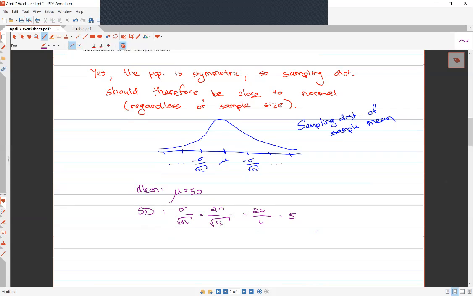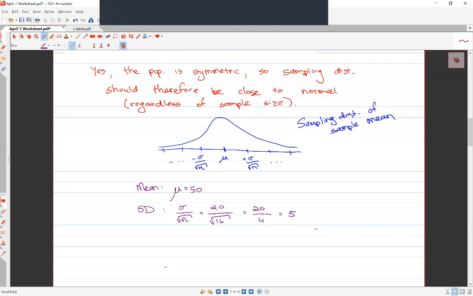So if you are therefore visualizing what the 68, 95, 99.7% rule looks like, you would have a bell curve centered at 20, and then you would have increments the size of the standard deviation, which we've just calculated to be 5.